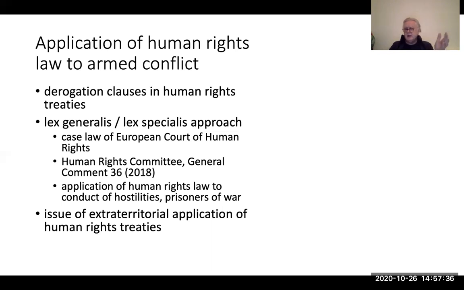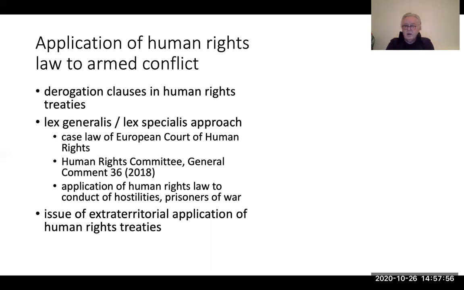And it already has done that in judgments of 15 years ago or so, dealing with the conflict in the Russian sub-state of Chechnya. So, but we will wait and see if the law has evolved there and how that will play out at the European Court of Human Rights.